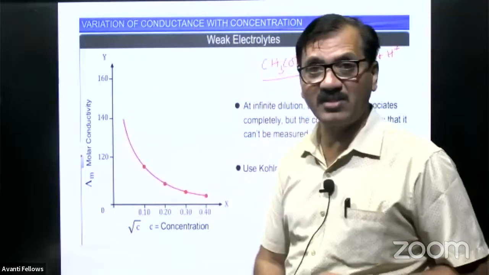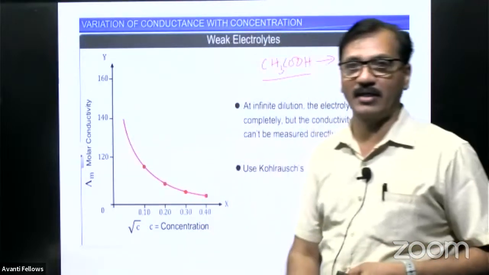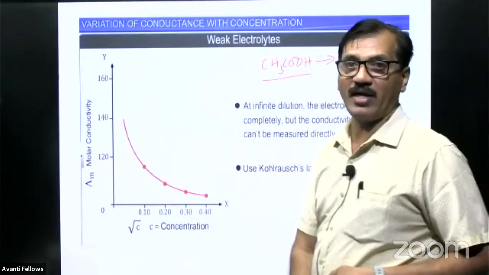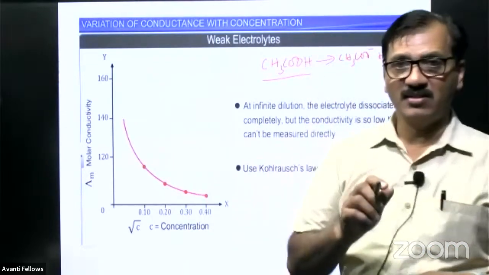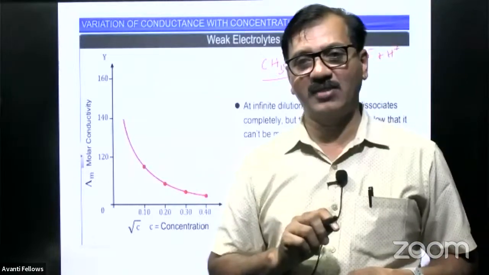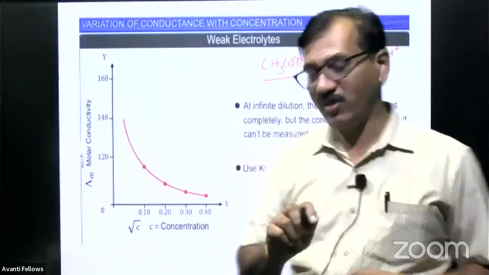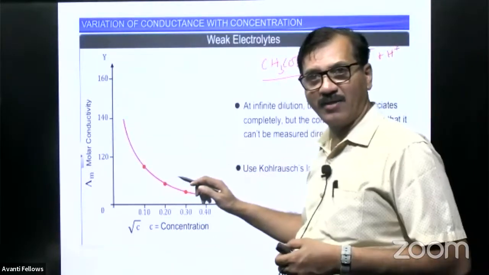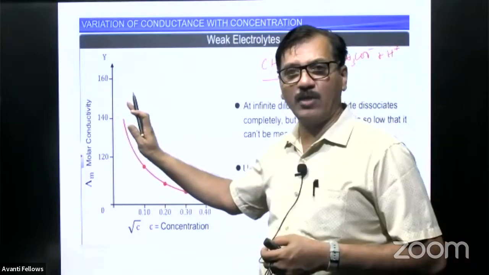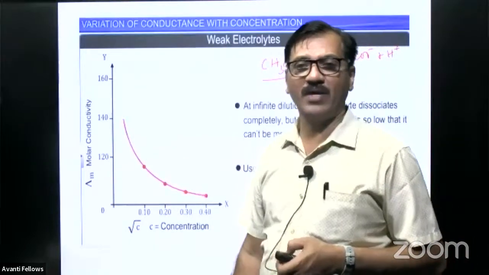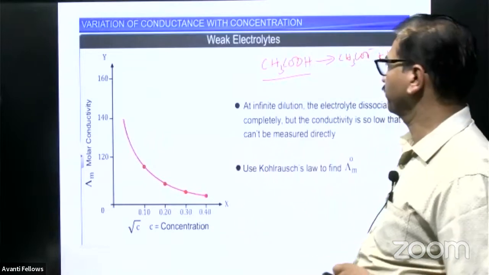So the reasons are different for the strong electrolyte and the weak electrolyte. For the strong electrolyte, it is the mobility of the ions that increases on dilution. But for the weak electrolyte, it increases sharply on dilution because the degree of ionization increases.